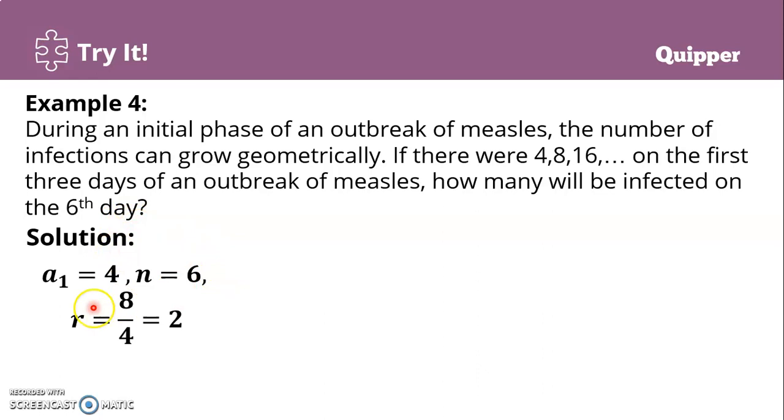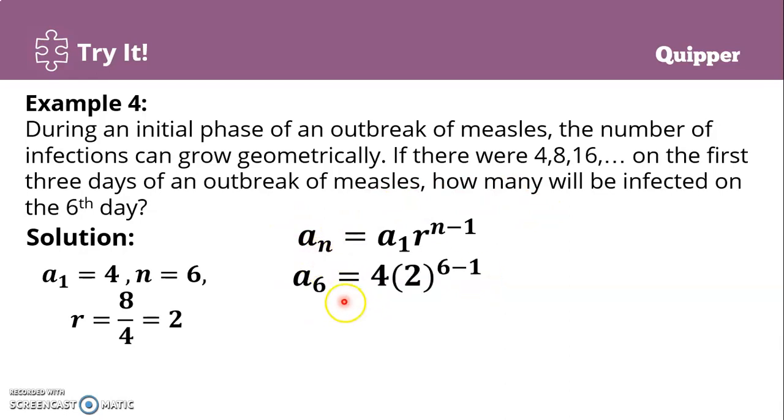Okay. Solution, our first term is 4. Our n is 6 because we are looking for the number of infected on the 6th day. So, n is 6. Our common ratio is 8 divided by 4, that's 2. Okay. And so, substituting this formula, we have a sub 6 equals 4, that's a sub 1.